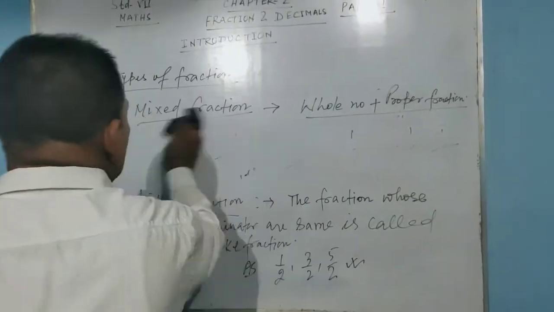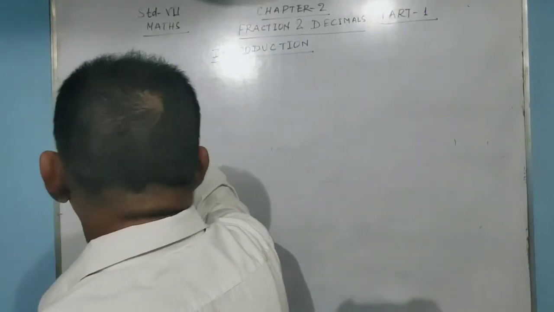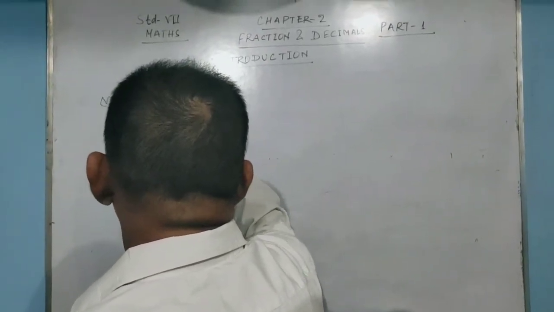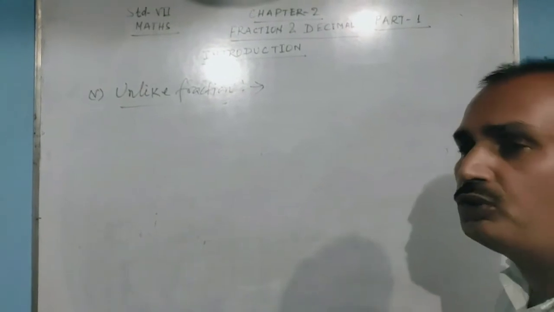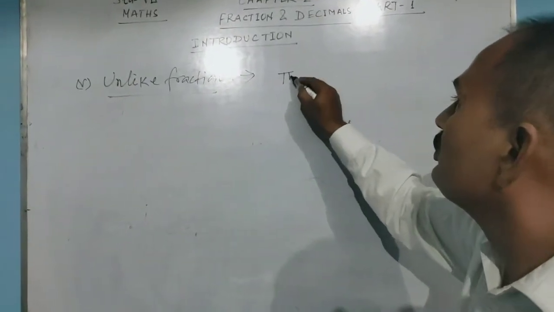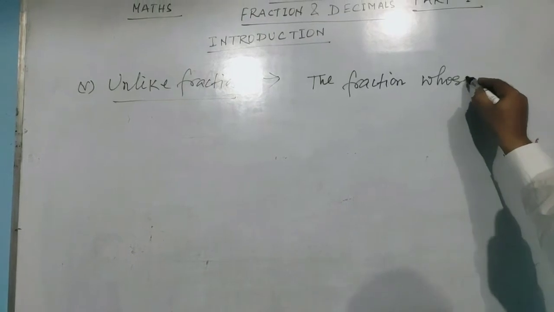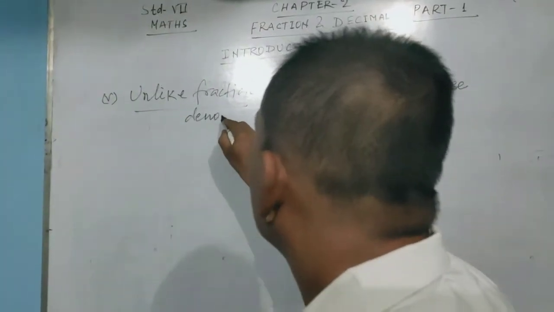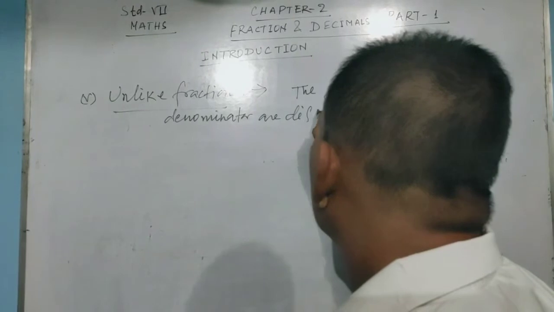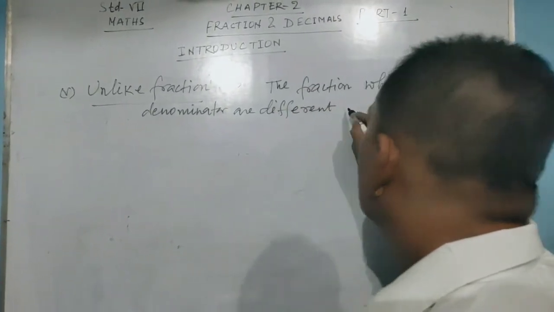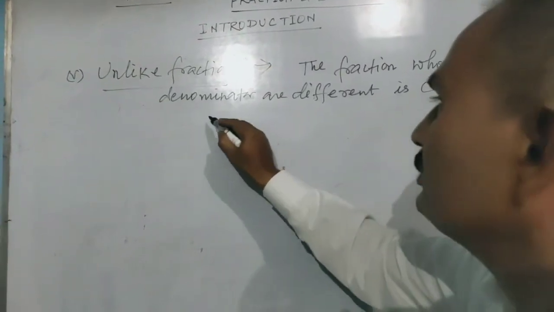Next, unlike fractions. Fractions whose denominators are different are called unlike fractions.